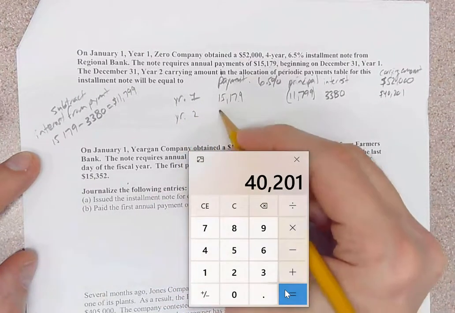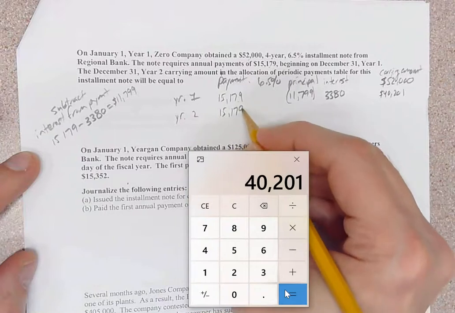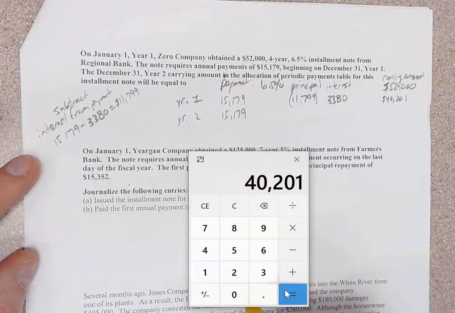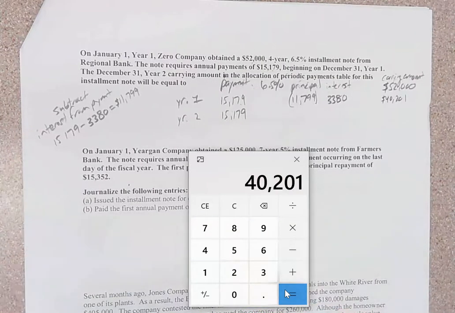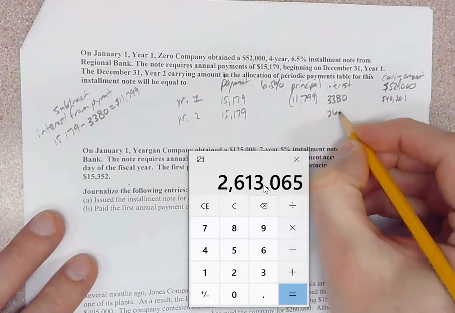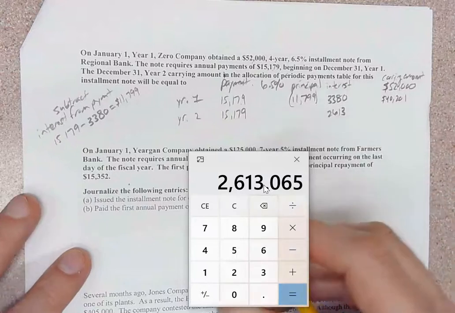Year 2, payment is still $15,179. Interest rate is still 6.5%. But now we're going to take this carrying amount of $40,201, which we have right here, we're going to multiply that figure by 0.065. And we're going to round this to simply 2,613. Okay, so our interest is 2,613.